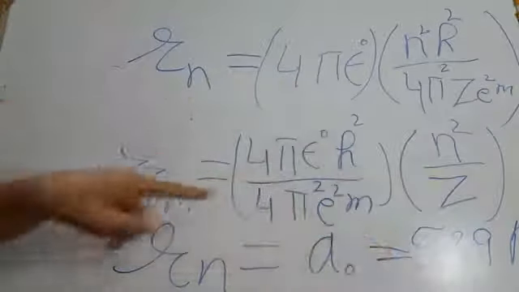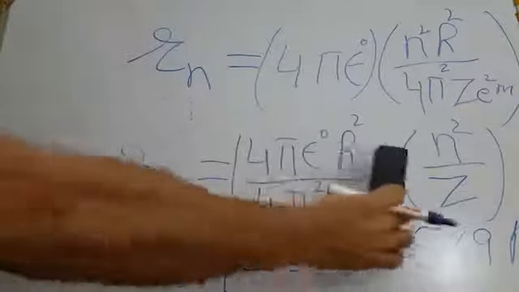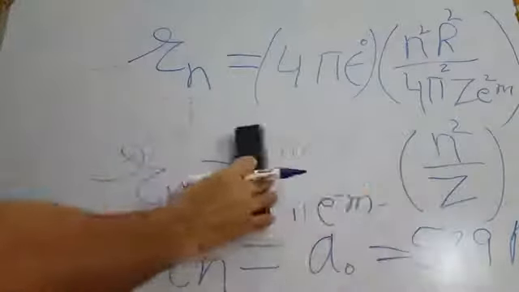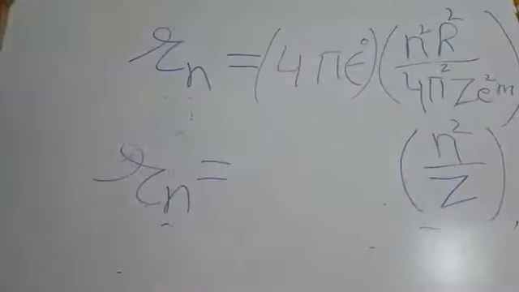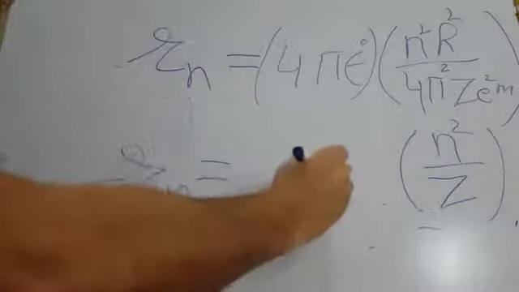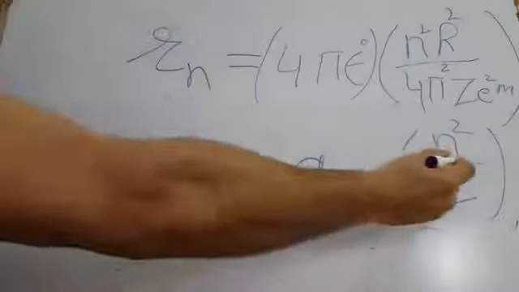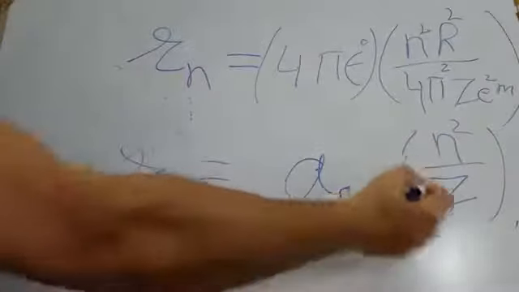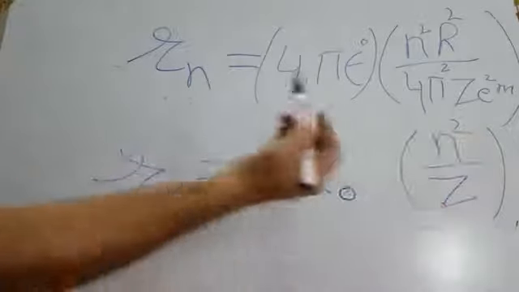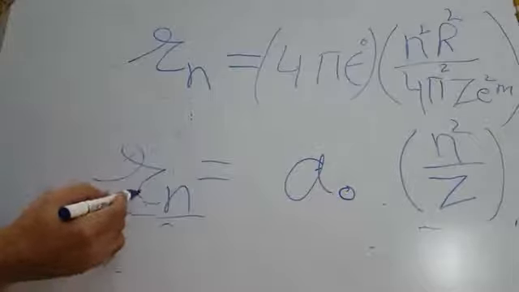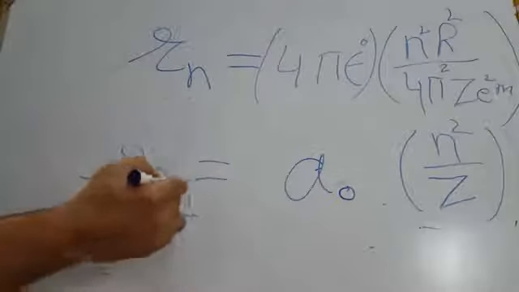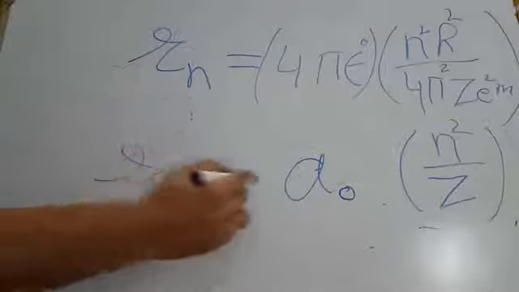That's why we can say that to calculate any Rn in any hydrogen-like species, the equation is this: A0 n square upon z. That can give the radius of any orbit of a hydrogen-like species.